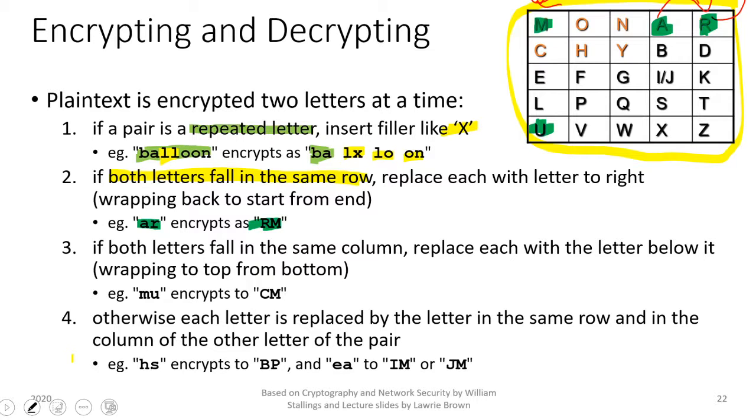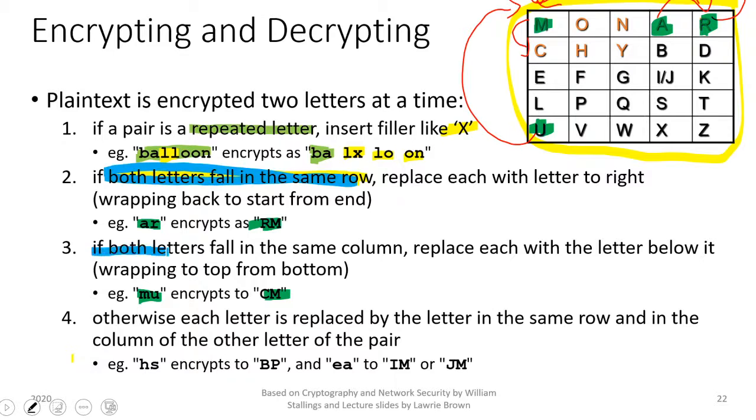So M would become C and U would become, wrapping around, M. So MU would be encrypted as CM. Then for the rest, the things that are not in the same row or column, we have another method.